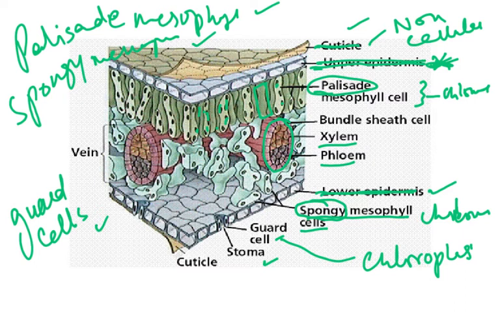So this is what we have to understand. Upper epidermis, no chloroplast; lower epidermis, no chloroplast; cuticle, no chloroplast. So we have to understand the structure of the leaf and how this leaf is adapted for photosynthesis.